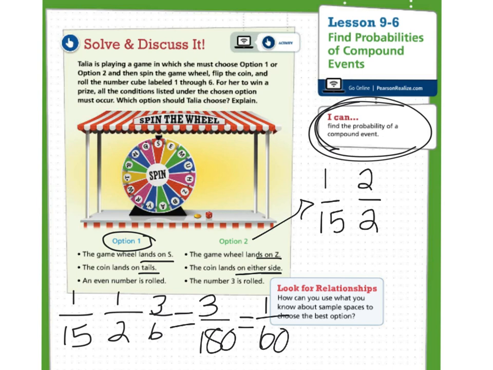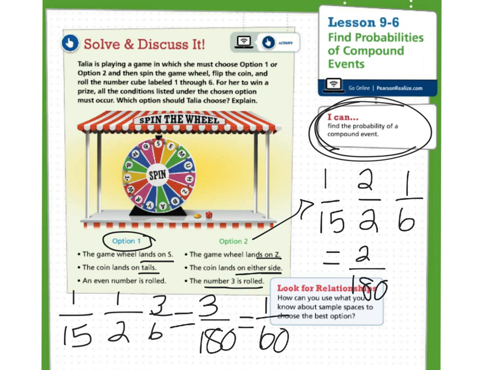Then I have to look at the last thing, which is the number cube, and I want the probability that the number cube lands on a 3. Well, the number cube still has 6 sides, but the number 3 is only one of those 6 outcomes. So in option 2, when I multiply those 3 fractions together, I get 2 as my numerator, and in the denominator, I still get 180.